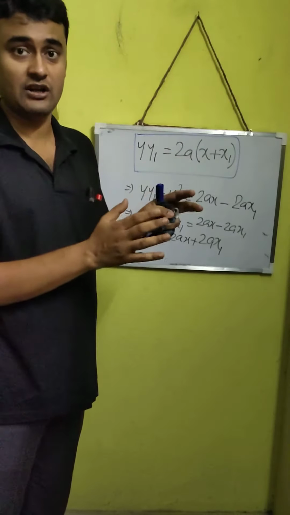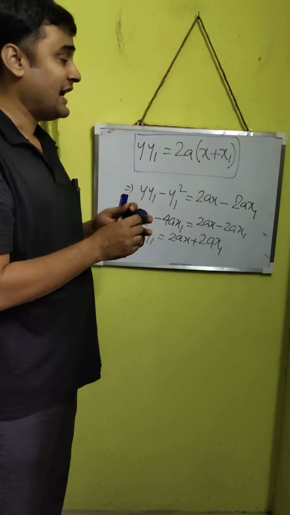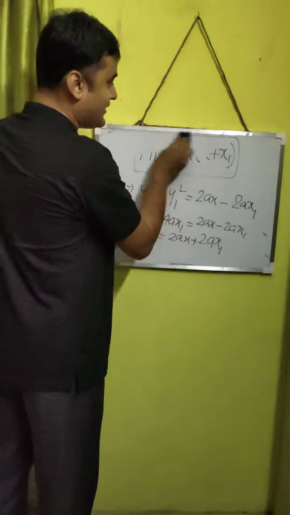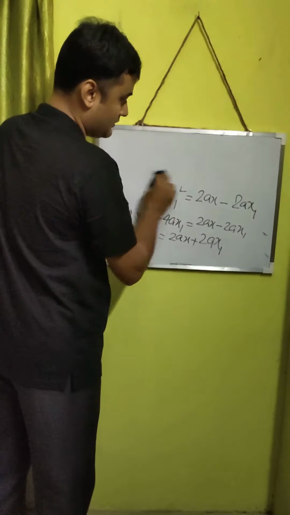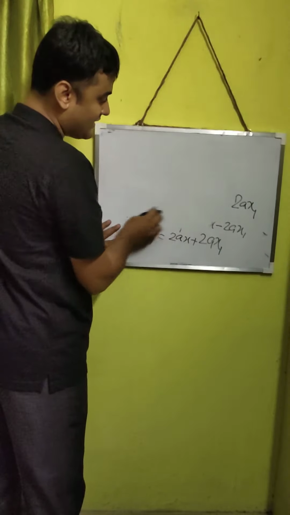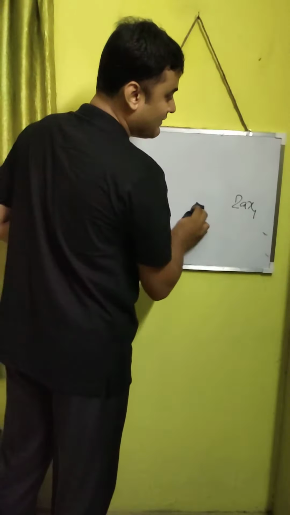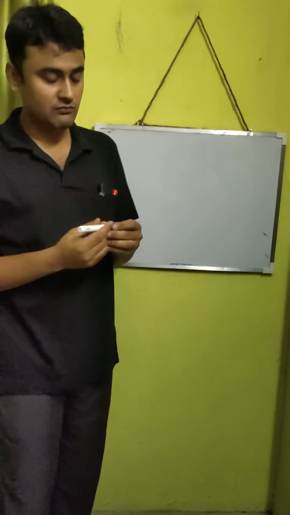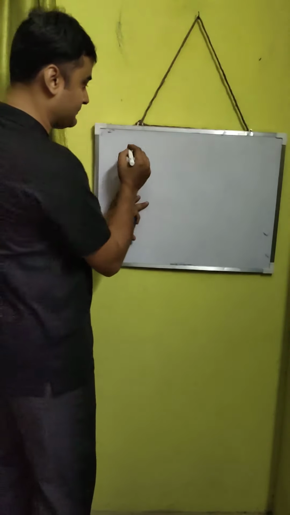That is the actual procedure. But there are some shortcut methods to remember the tangent equations of the standard curves that we read about in our class 11 syllabus. In order to do that, you have to remember the following things.